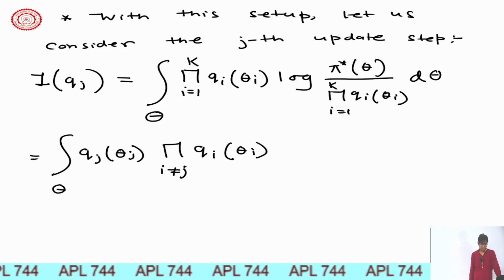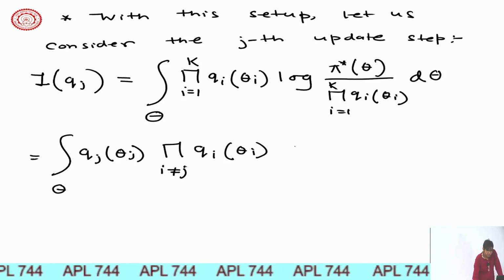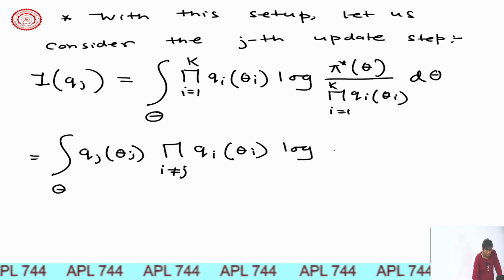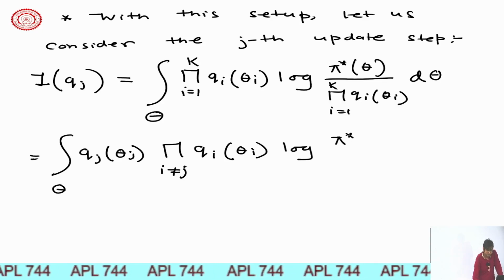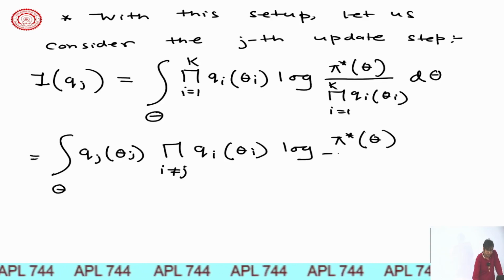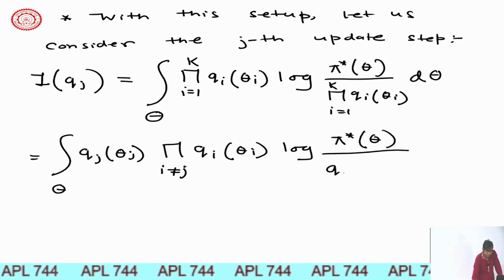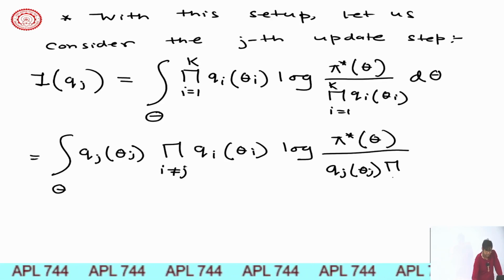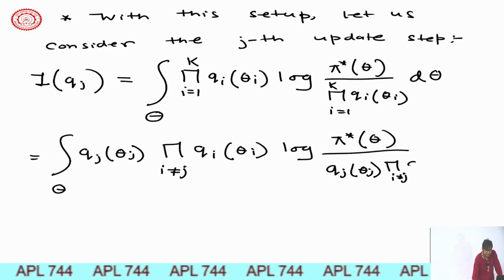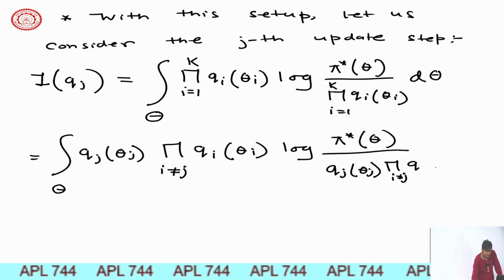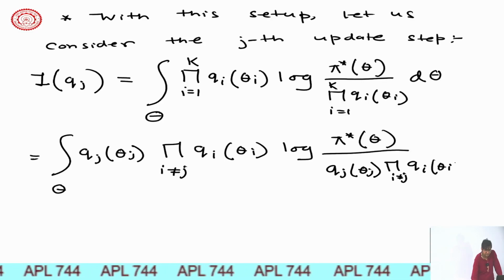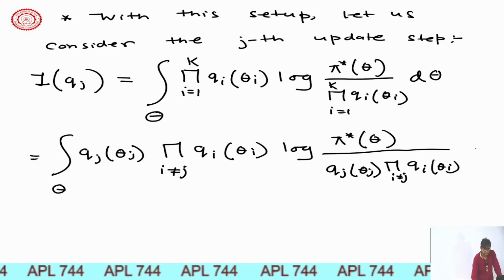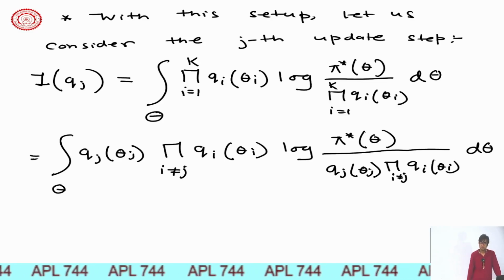Clear? Similarly, log pi star theta by q of j theta j times the product of i not equal to j of q of i theta i, d theta. Correct?